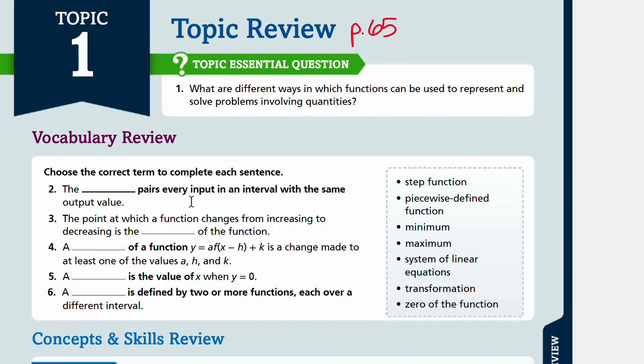The blank pairs every input in an interval with the same output value. So this is obviously about a function, right? So what function pairs every input in an interval with the same output value? If you don't know, we can come back later.